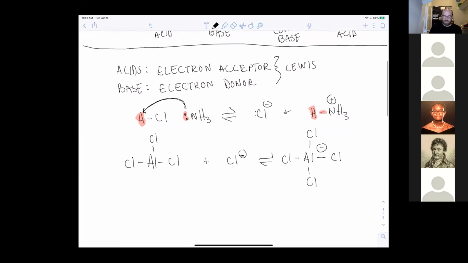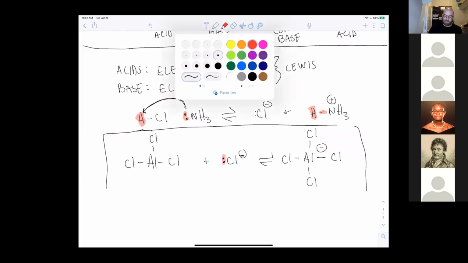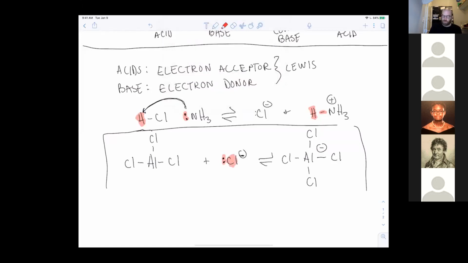So in this reaction here, we don't have any protons. You don't have H+, which is traditionally what we talk about when we talk about acids. But we can still talk about it in terms of acid-base chemistry. In this reaction, the chloride would be behaving as an electron donor. Let's just mark the whole thing here.